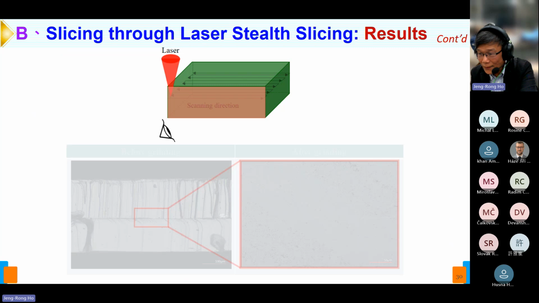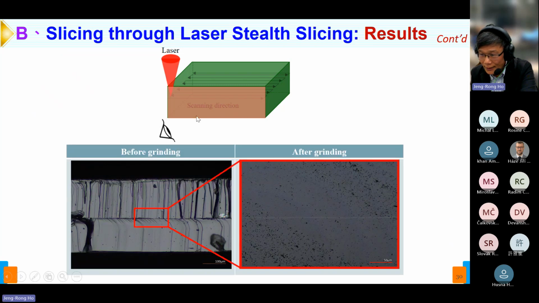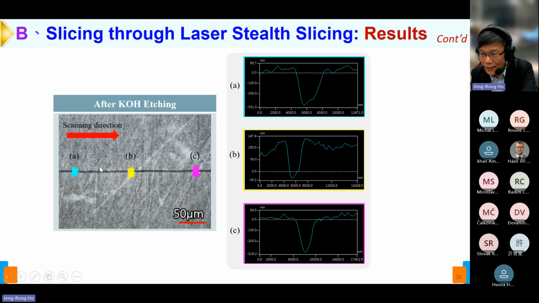And if we observe from the second direction, another direction, we also see very clear separation there. And again, this is after grinding and etching. We measure the depth and also the width of the layer, and the width is usually less than 5 micron, and the etching depth is about several microns.